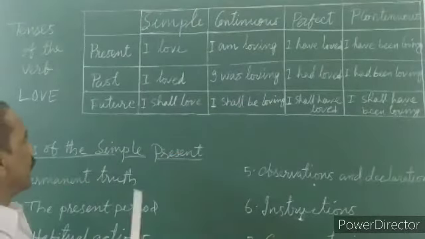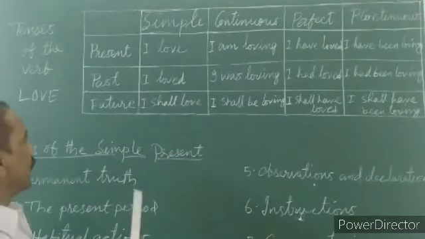Suppose you take present, then it's present simple, present continuous, present perfect, present perfect continuous. Past: past simple, past continuous, past perfect, past perfect continuous. Then future: future simple, future continuous, future perfect, future perfect continuous.